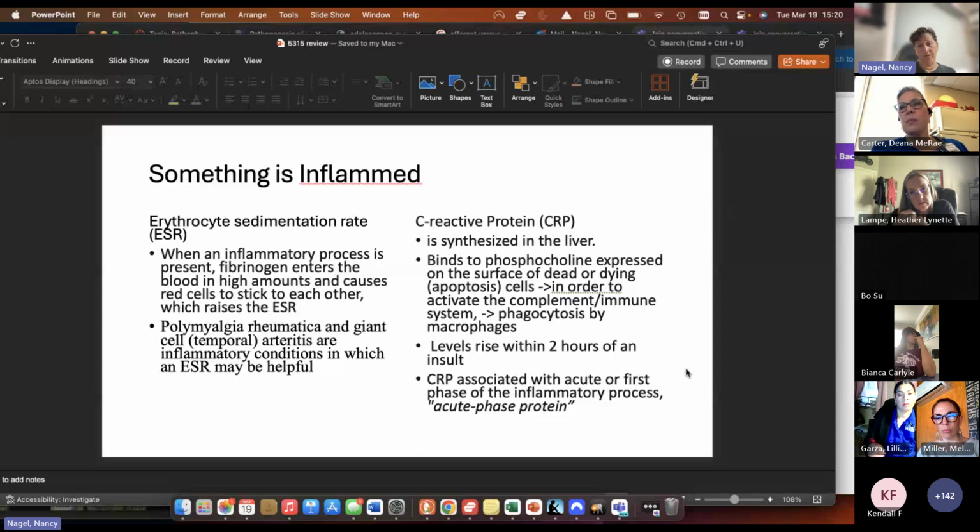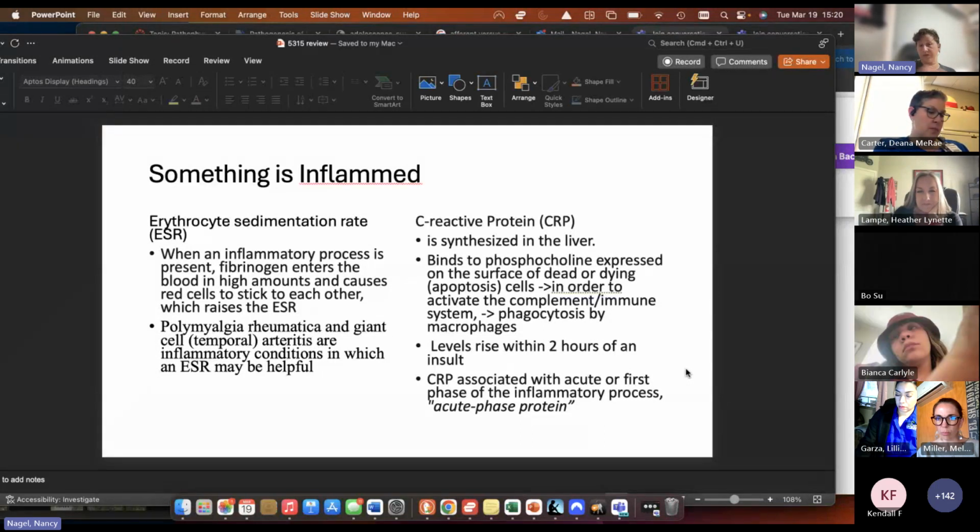Those will be elevated. But one of the things about C-reactive protein, essentially, it is going to notice phosphocholine on the surface of dead and dying cells. And so it actually sends a flag to our immune system and gets it to kick in and get our macrophages to come and help out.